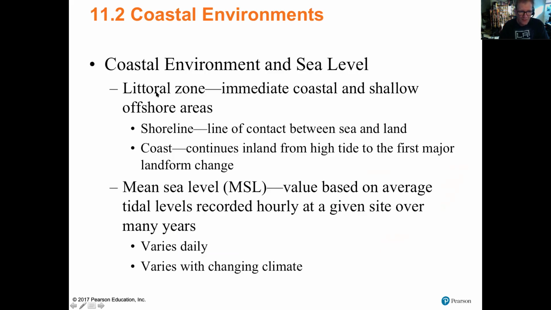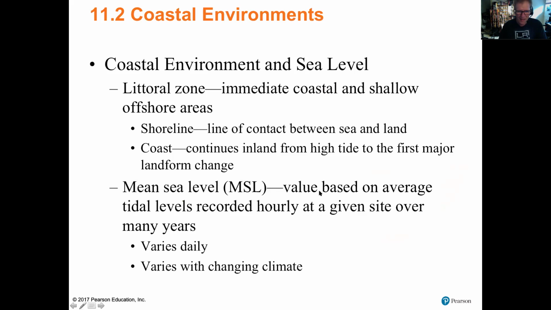Know the definitions of the littoral zone, the immediate coastal and shallow offshore areas. The shoreline is just the line of contact between sea and land, and the coast continues inland from the point of high tide to the first major landform change. That's the coast. Sea level, now you probably all wondered, well, what is sea level?